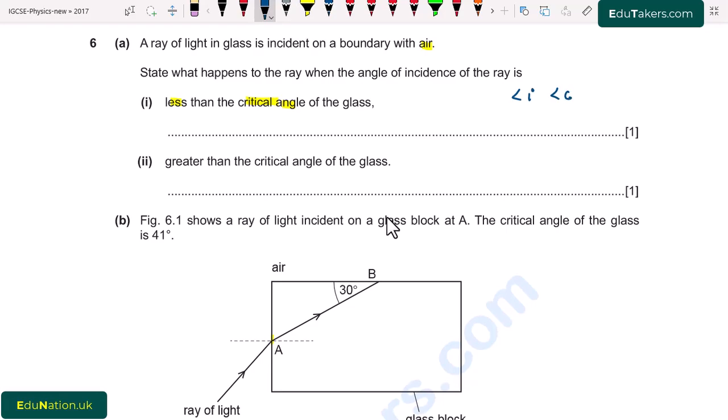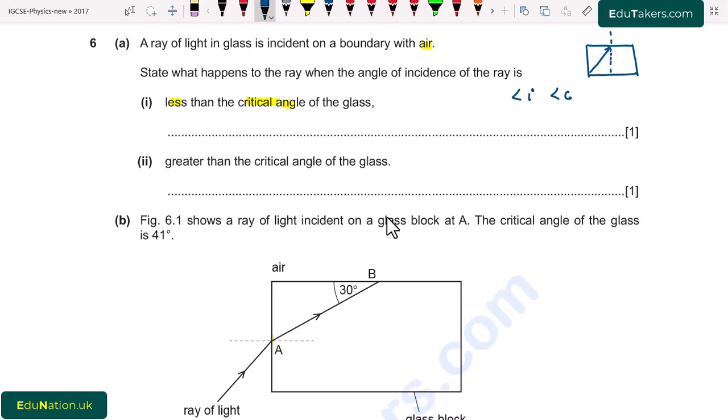So there is a concept of total internal reflection. So if I consider that there is a glass block and ray of light is entering here at this point. First of all, I draw a normal here.